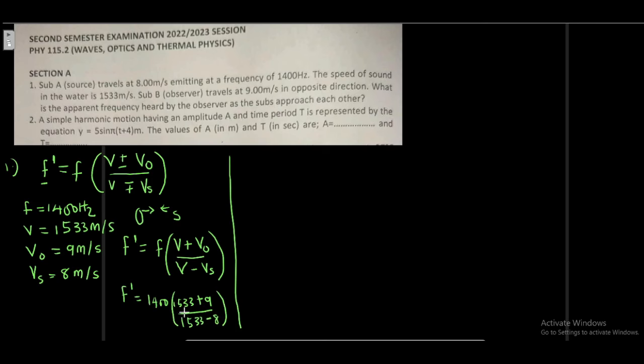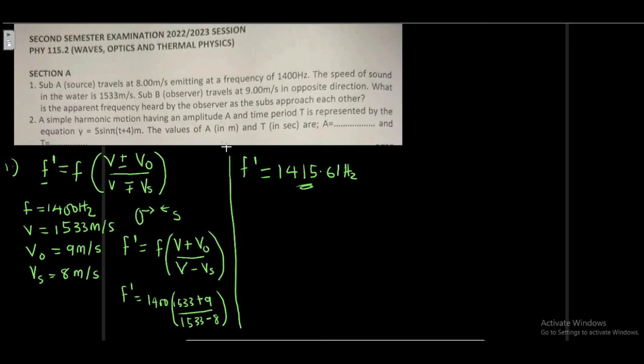We use our calculator and simplify the whole of this. We arrive at the apparent frequency equal to 1415.61 hertz. So that's the answer to question 1.